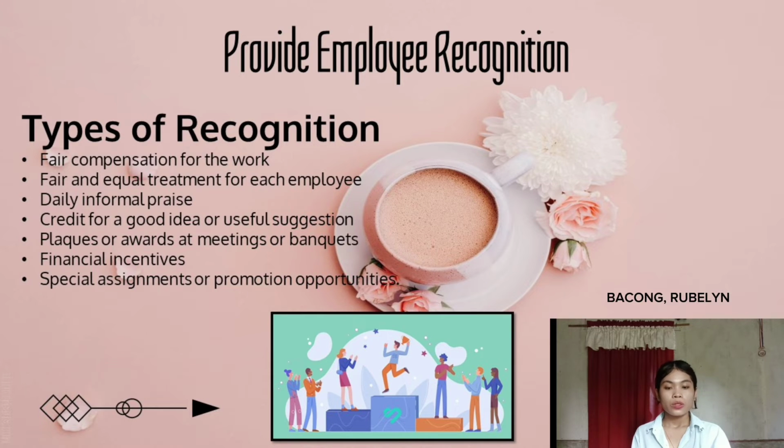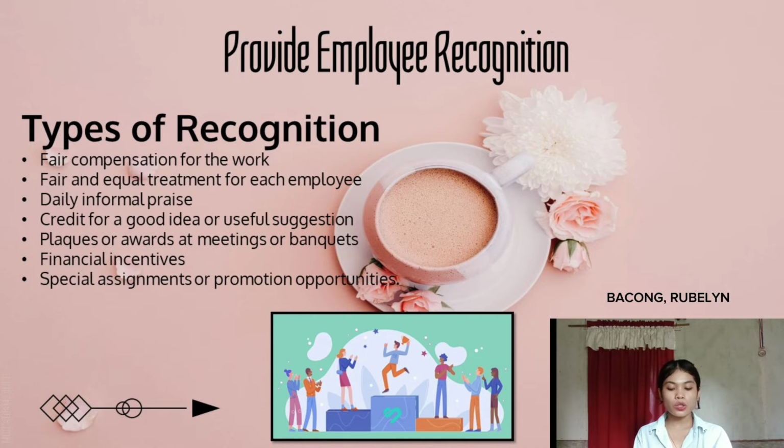Right now, we will tackle the first type of recognition, which is fair compensation for the work. In this, it is ensuring that the pay for employees is set at a level that is both fair and livable and provides equal pay for equal work. The second one is fair and equal treatment for each employee.